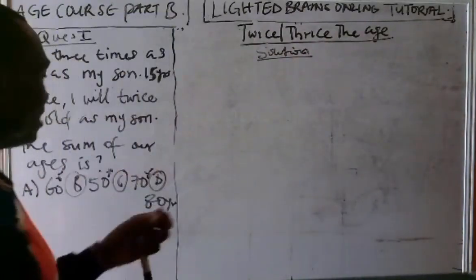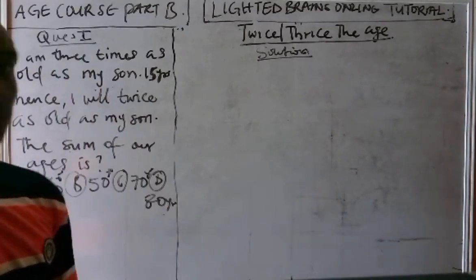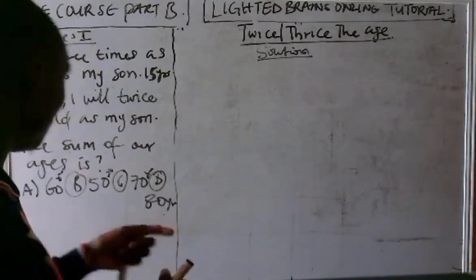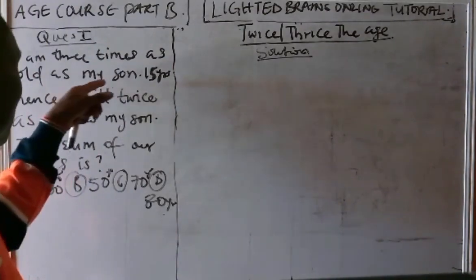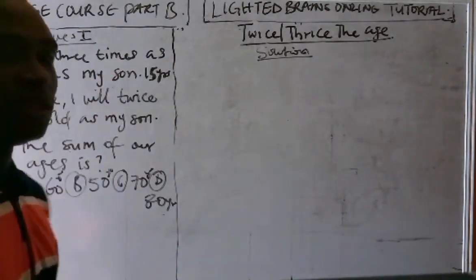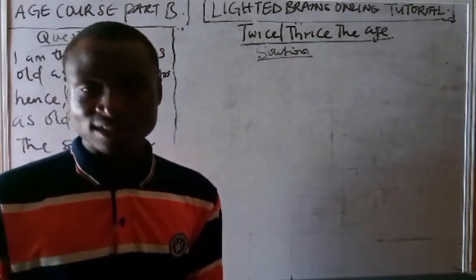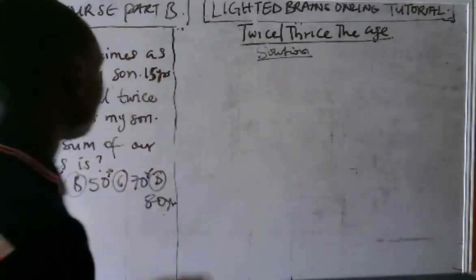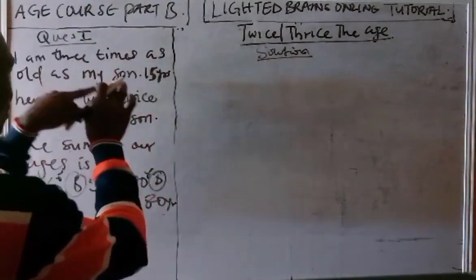Solution. He said, I am 3 times as old as my son. Now listen carefully. In an aptitude test, what will help you first of all is if you can analyze the question it gives you. Now, this one is, I am 3 times as old as my son.